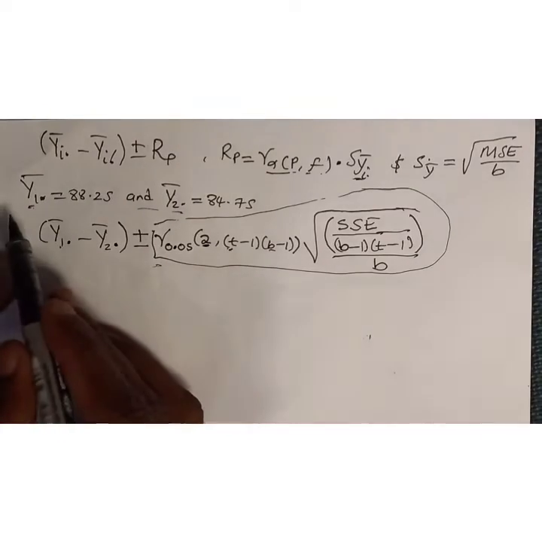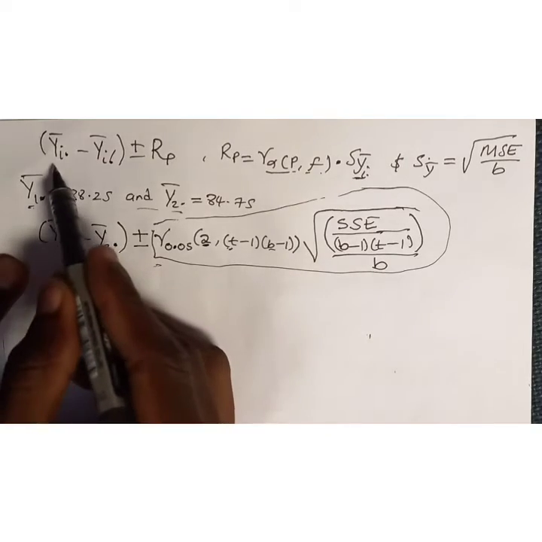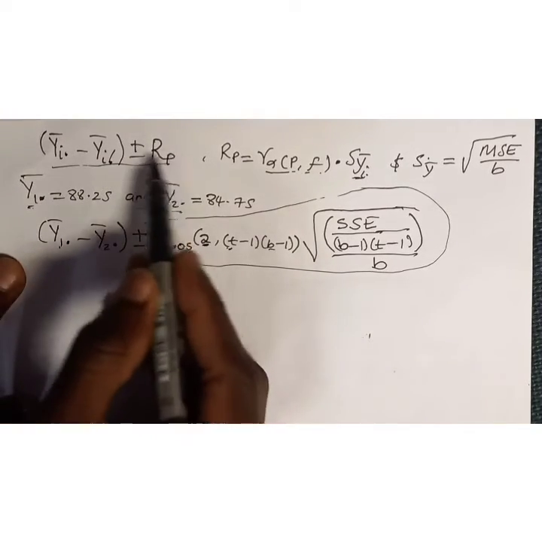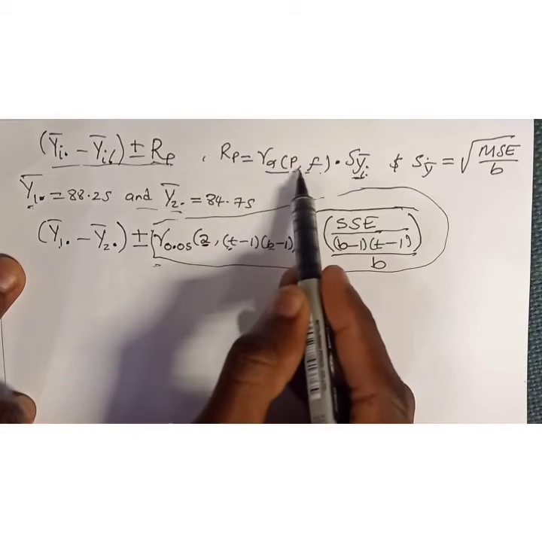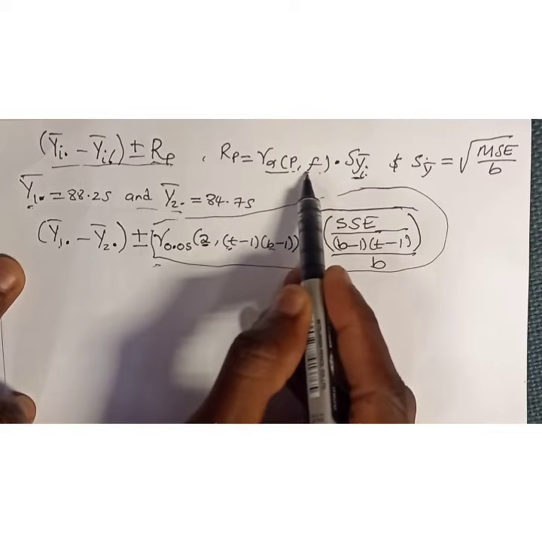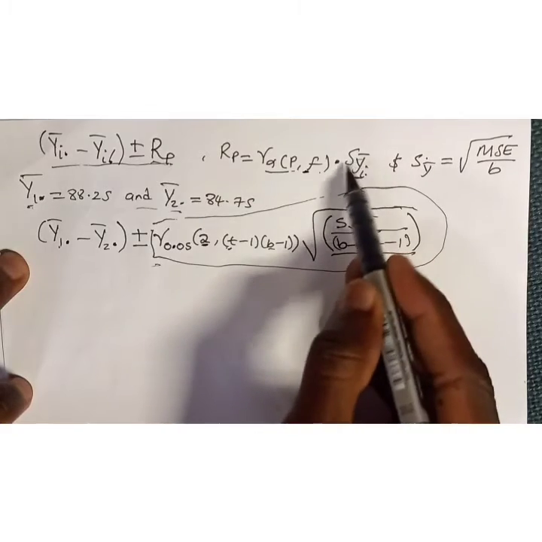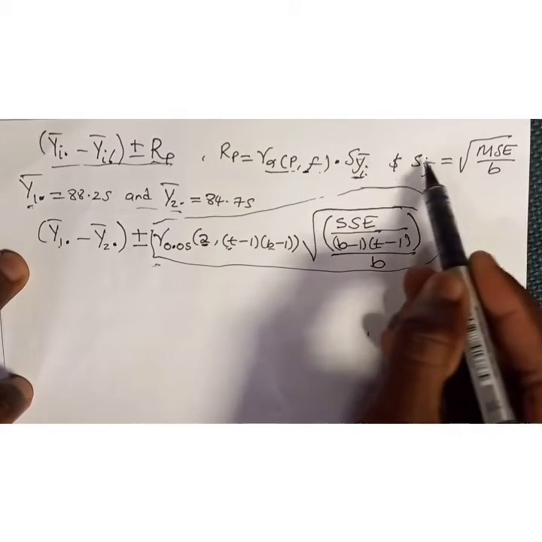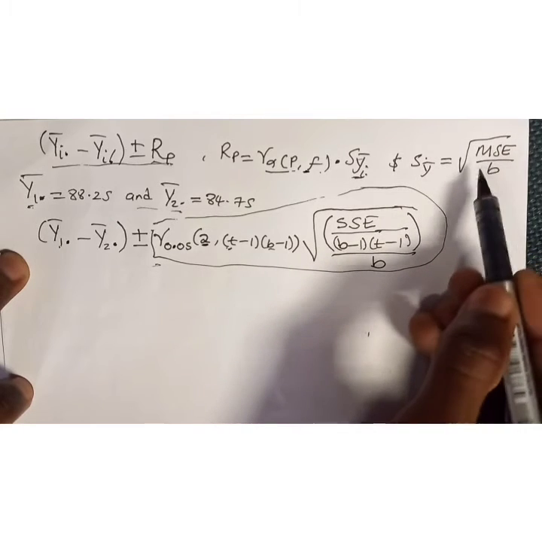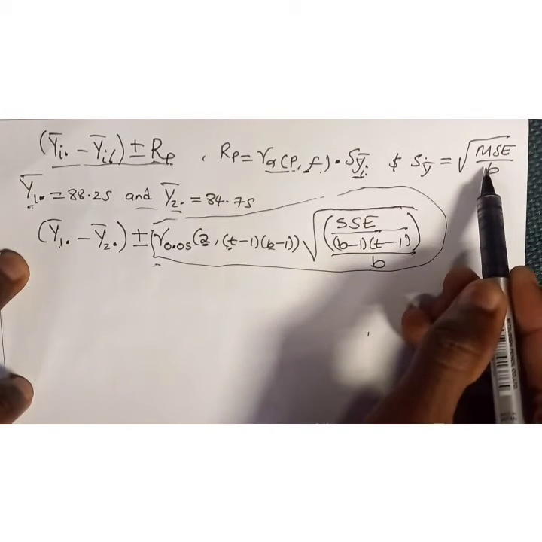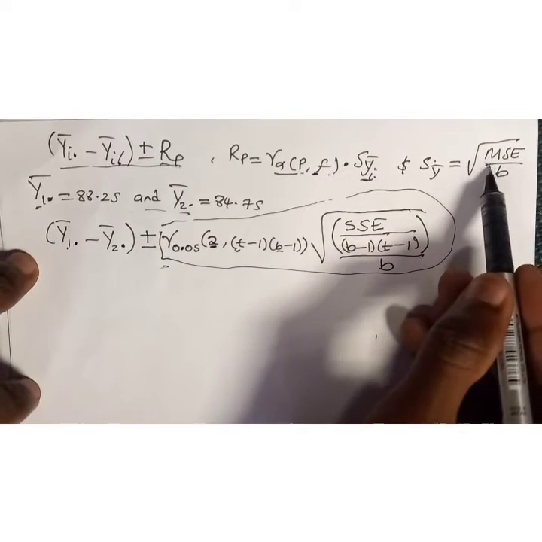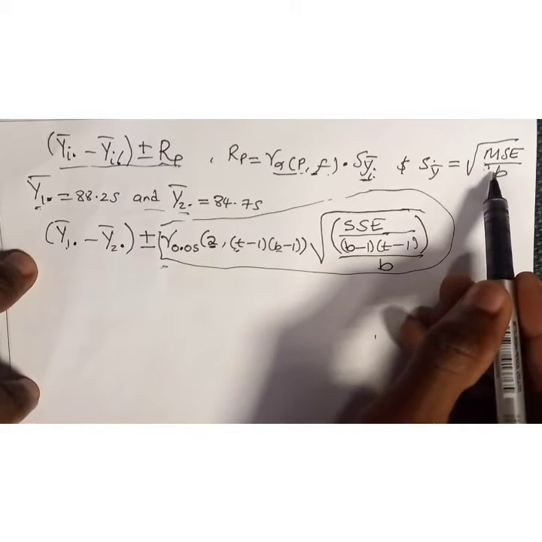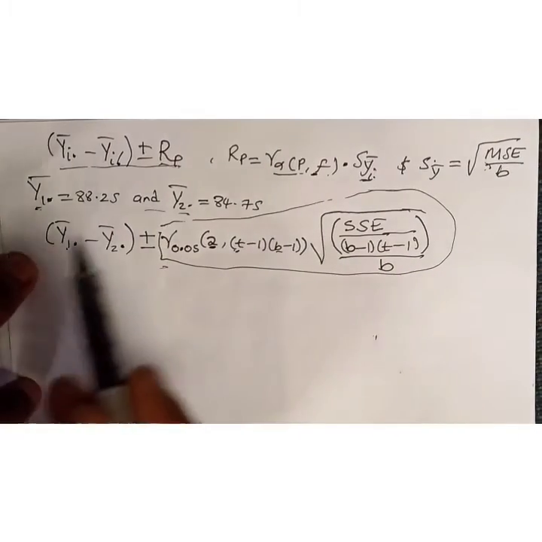Firstly, the Duncan multiple range test is given by this confidence interval, where R_p is given by R alpha, p with the degrees of freedom of the error, then the standard error, which in this case is the square root of MSE over the number of blocks. Remember last time when we were dealing with treatments only, you had the square root of MSE over r.